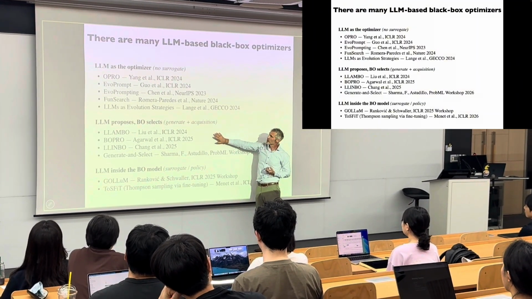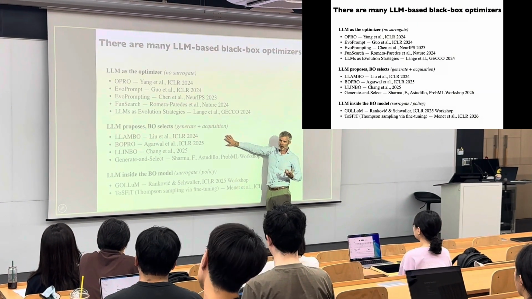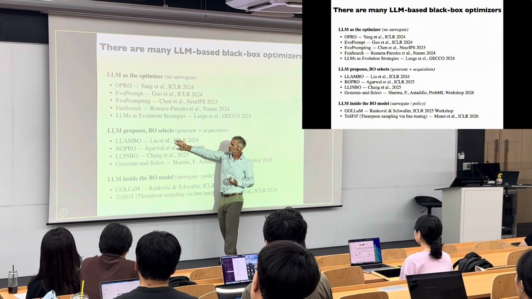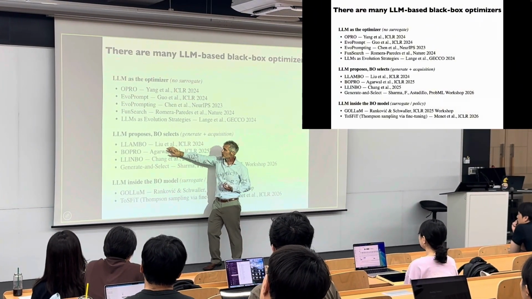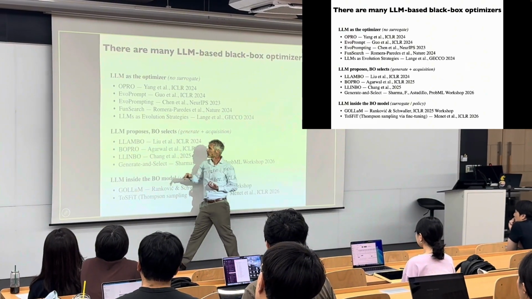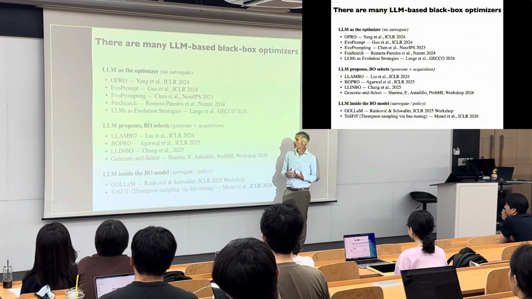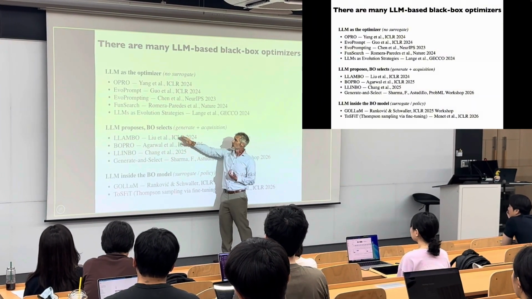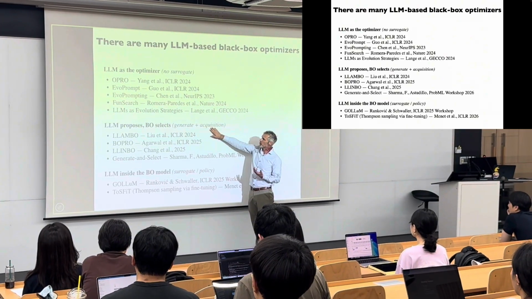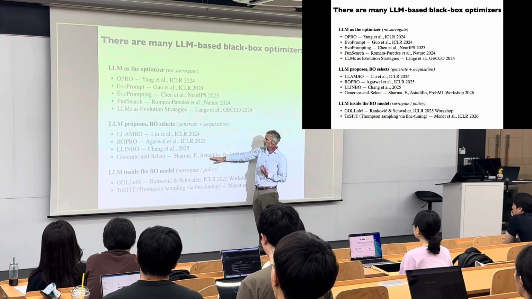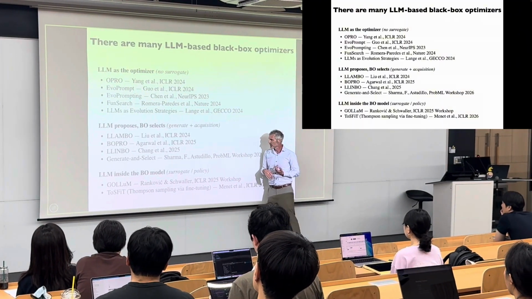You have a collection of methods in which Bayesian optimization, the kind of classical Bayesian optimization that's often using these Gaussian process-based machine learning methods, are working together with LLMs, where LLMs will propose experiments to perform in high-dimensional spaces, and then Bayesian optimization will then choose which experiments are most informative. My group has a recent work that we just presented at an ICML workshop last week.